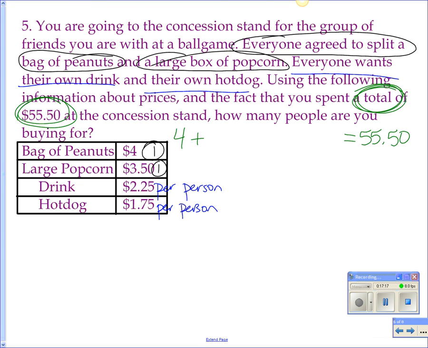And then Ashley, what comes after the 4? Abby, what comes after 350? Oh, sorry, I meant Ashley C. Abby, what comes after the 350? Very good. 225x, because it's per person. And Mateen?